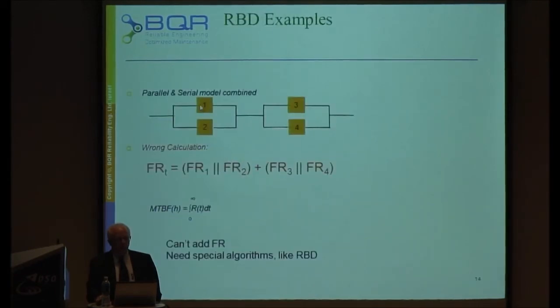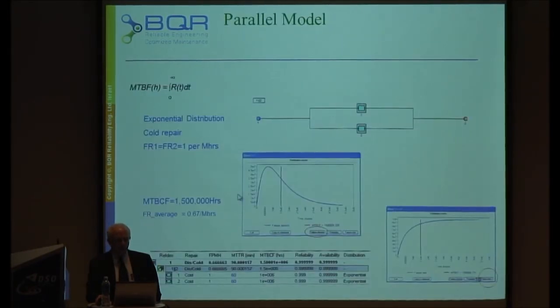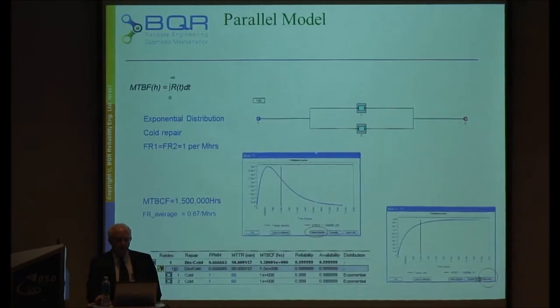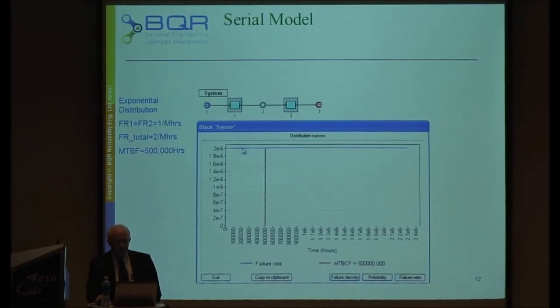Now, we have 2 systems like that. In this case, what people mostly do is calculate one branch this way and calculate the other branch. And now they think it's a serial, so we can add the failure rates. But you cannot do that. It's not allowed, because now the failure rate is a distribution, and here it was a straight line.